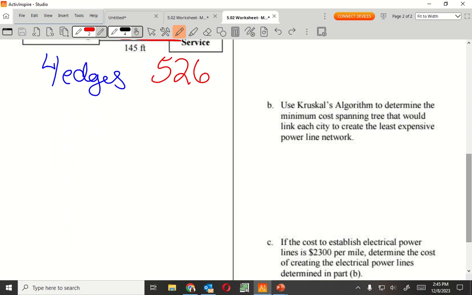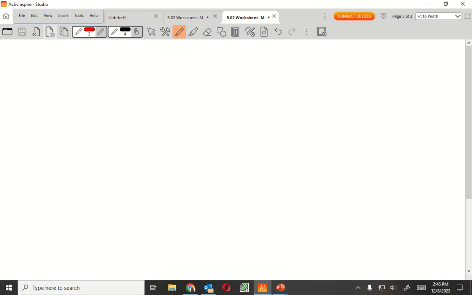So you could use this area here if you want to draw this because we have to create our own. Or you could use page 143 in your notebook. Okay? You're going to draw this. I am going to make mine over here. So 5 cities, so I'm just going to put 5 dots here.